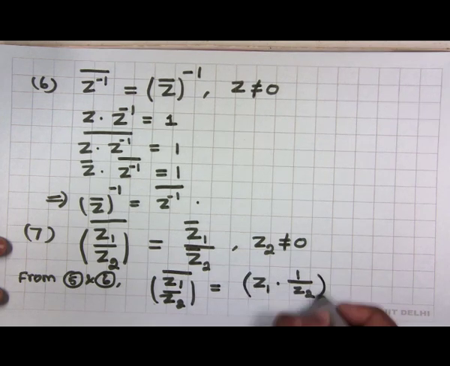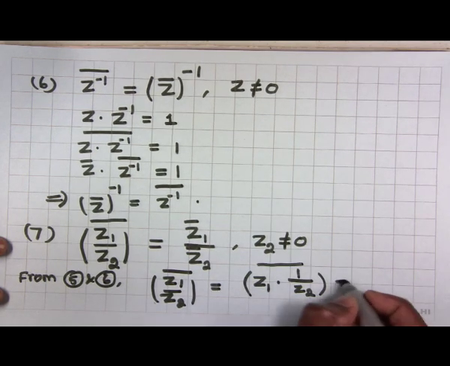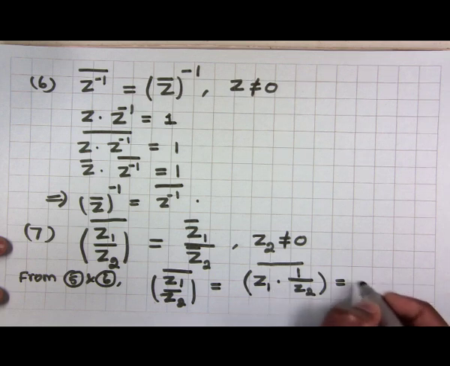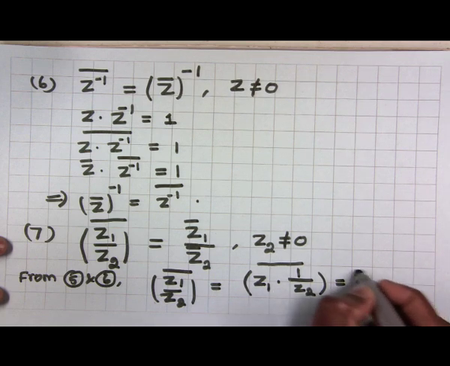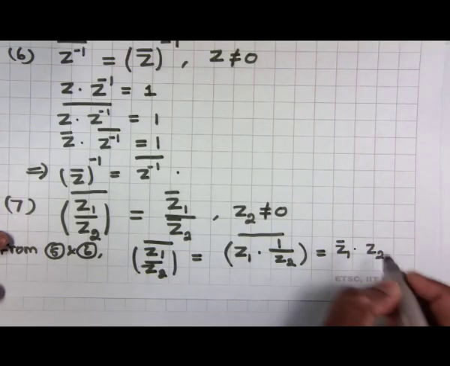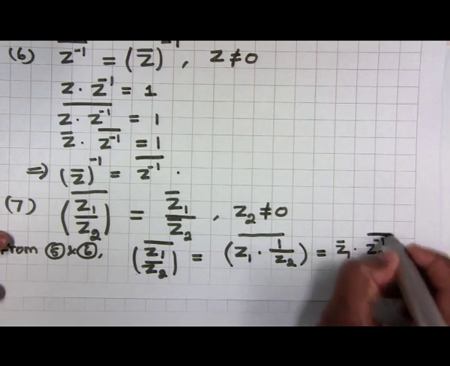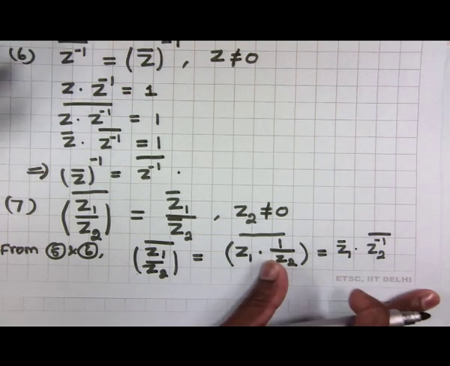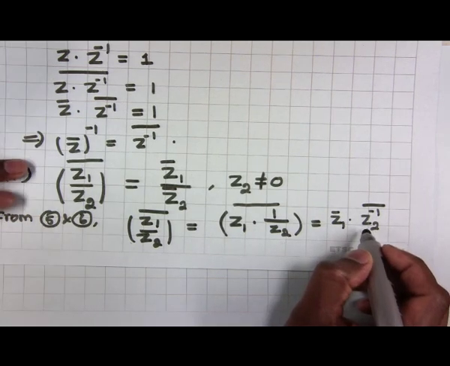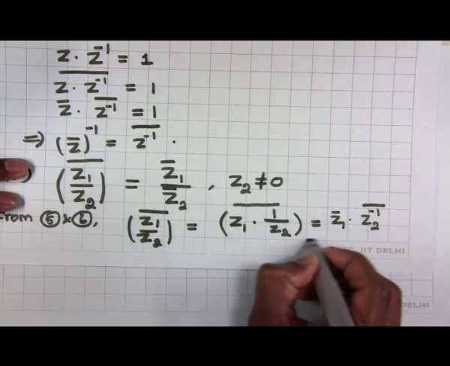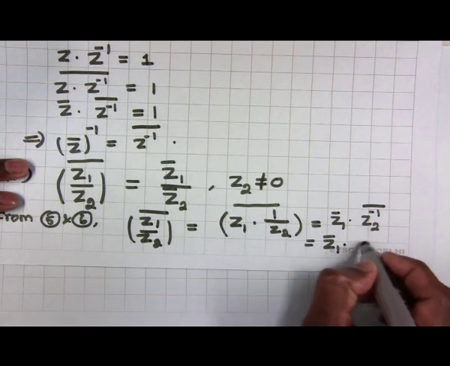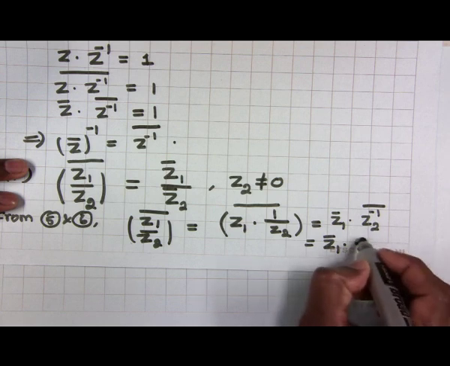So, it is bar. Proposition 5 says that the bar can be taken to each factor, so this is z1 bar product with z2 inverse bar, and because of the above proposition we see that it is z1 bar multiplied with the inverse of z2 bar.